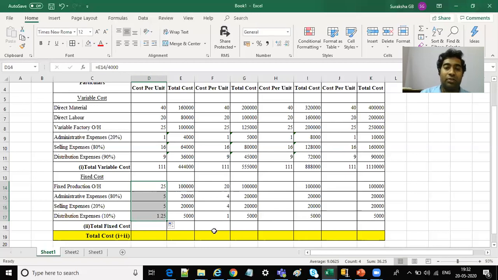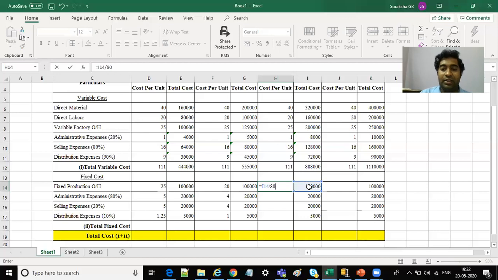Similarly, for the 5,000 units, it is given in the problem itself. Next one is equal to total cost divided by 8,000 units. We got the value. The last one is divided by 10,000 units.